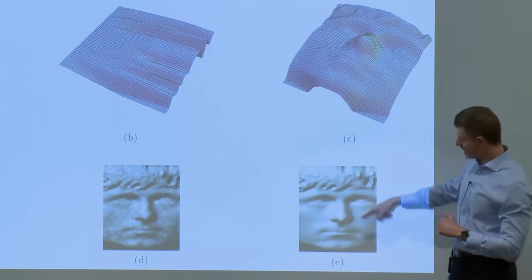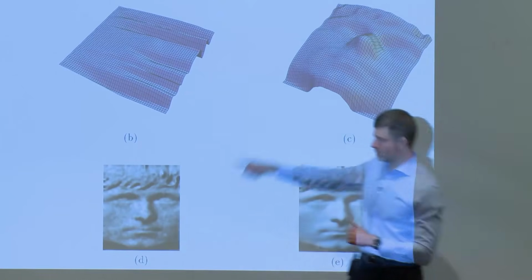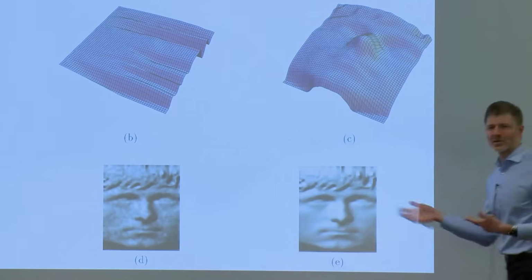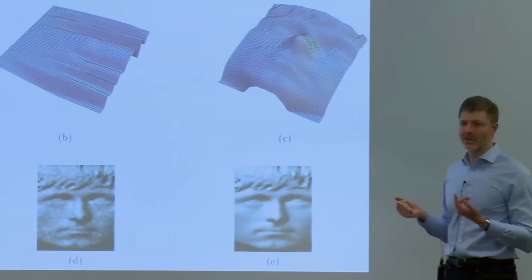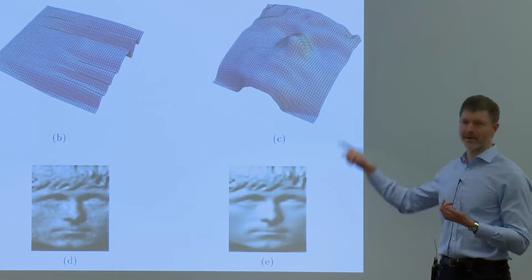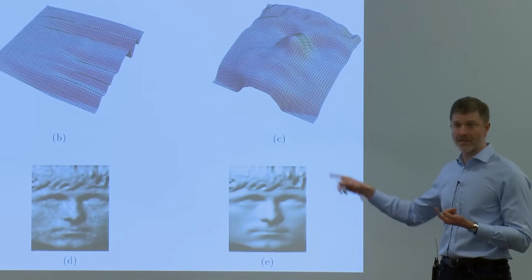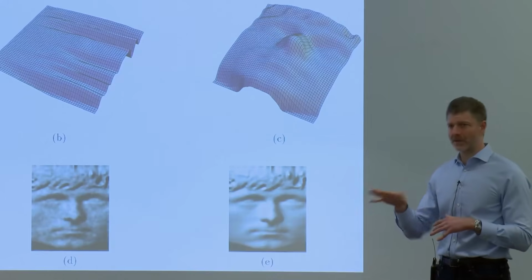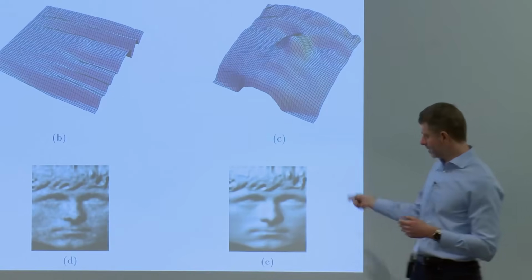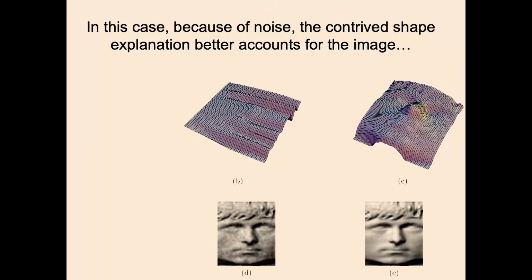And the point is that this one doesn't actually model the noise, whereas this one does. So it's a contrived scenario that's supposed to make the point that even if you could in principle better account for the image with this crazy interpretation, once you take into account the fact that you need to integrate over illumination, this is going to end up being the preferred explanation. Yeah.